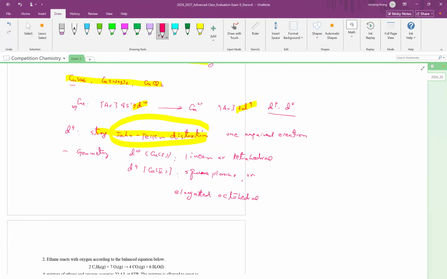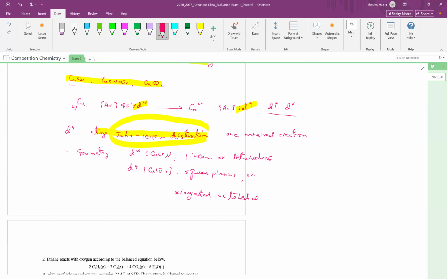Which means the distorted crystal field changes the energy of the d orbitals, leading to characteristic changes in the electronic absorption spectrum.